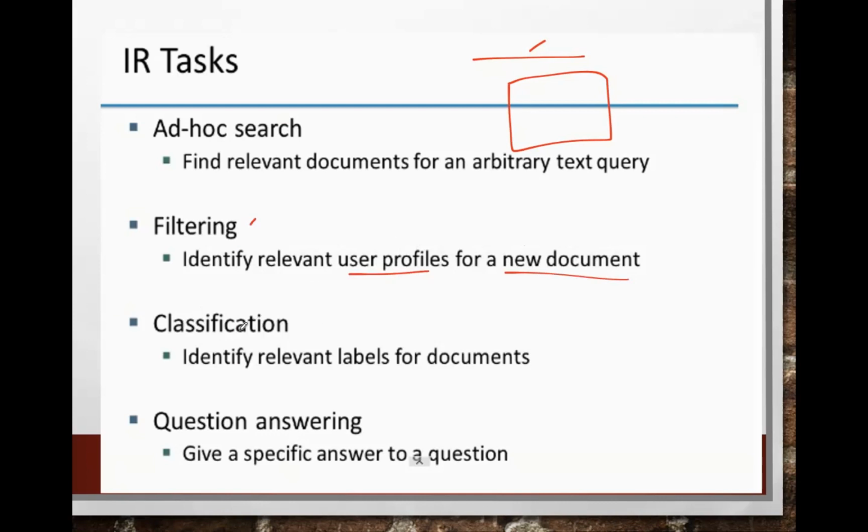The third one is classification. In this IR task, it identifies relevant labels for documents. The last one is question answering. Here it gives a specific answer to a question. Instead of providing documents like ad hoc search, the question answering system provides a specific answer for a question.